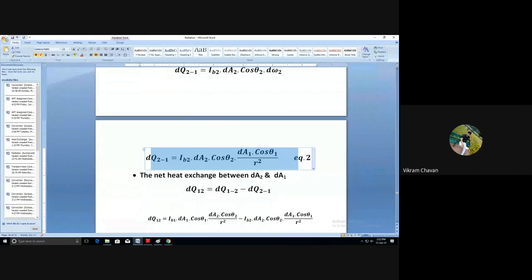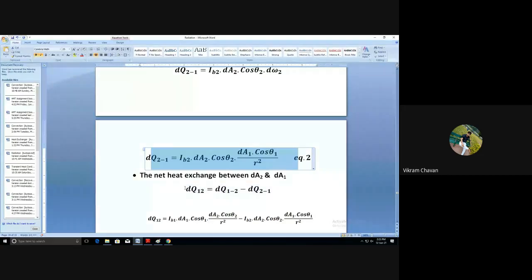So the net heat exchange between dA2 and dA1 will be equal to the difference of the radiation transmitted by body 1 and absorbed by body 2, and the radiation transmitted by body 2 and absorbed by body 1. The difference of these two quantities will provide you the net exchange between dA2 and dA1.